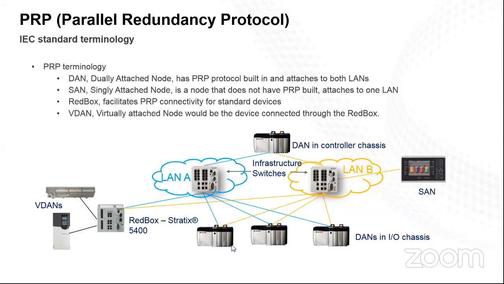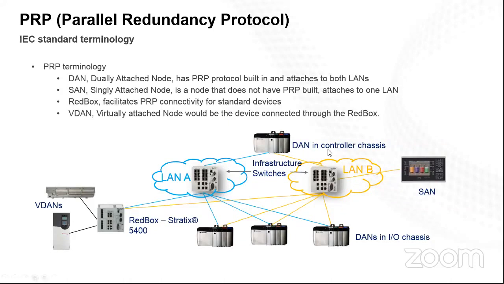And what that means is that node is connected directly to both LANs. So your most critical control infrastructure is going to be a DAN, a dually attached node. So you are directly connected. You've got all the benefits of PRP directly in this hardware.